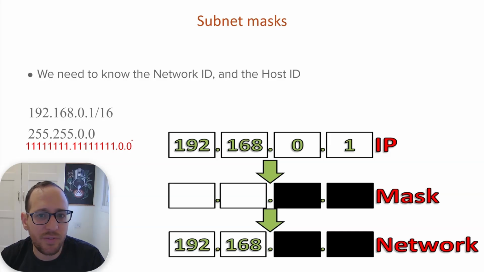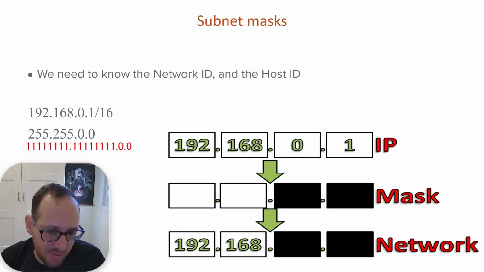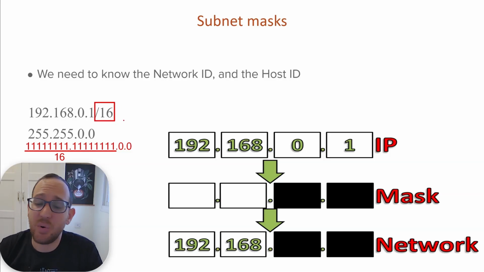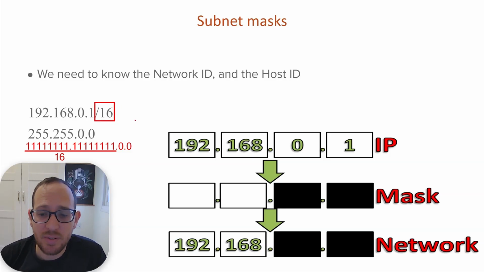So this is just 255.255.0.0 in binary form. And of course, I didn't write eight zeros each time just to be brief. These are 16 ones, which is just the same as writing /16. So these are two different, very common ways to denote a subnet mask.